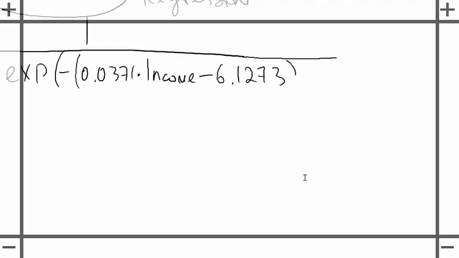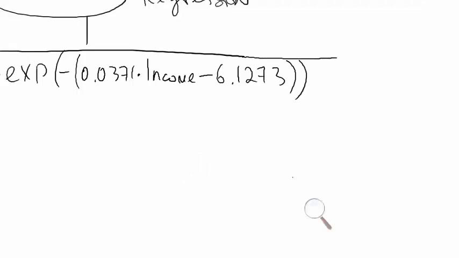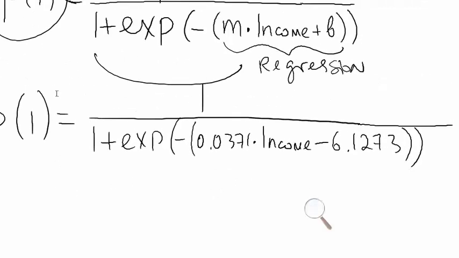That closes the bracket around the regression portion, and that closes the bracket around the exponential portion. So that's my model essentially. How do you like them apples?